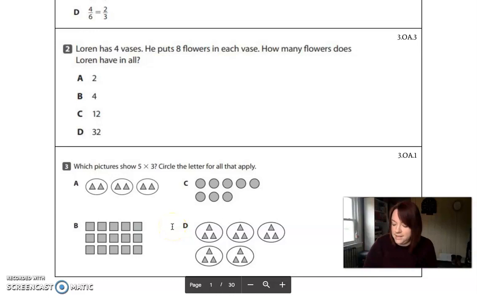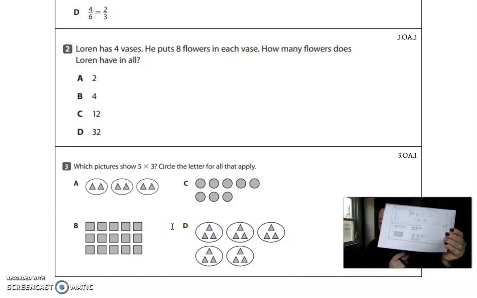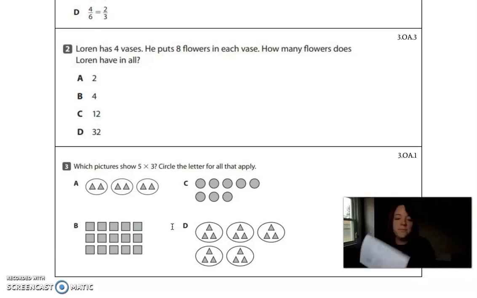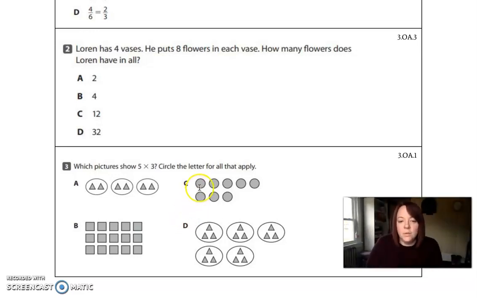So we know B is an answer. So I'm going to circle B, nice and big. Now, our C. 1, 2, 3, 4, 5. Okay, could be. 1, 2. And we're missing some. Does that equal? So I'm going to cross out C.